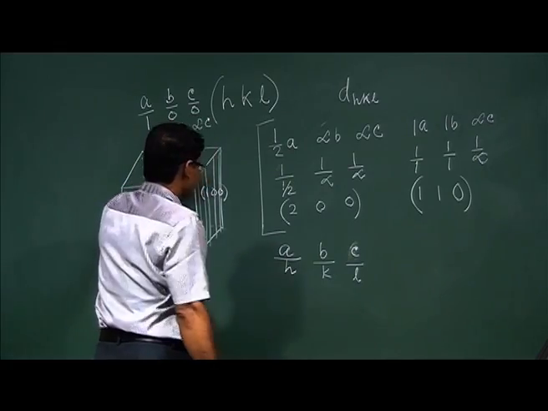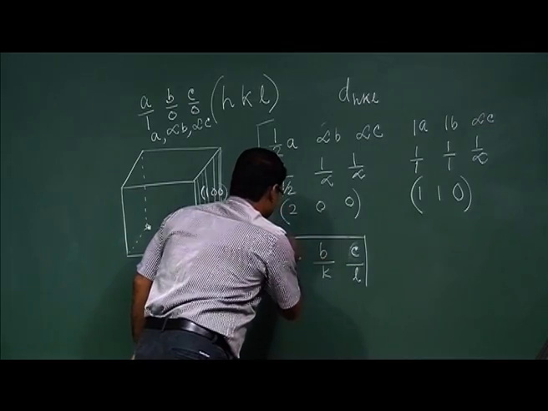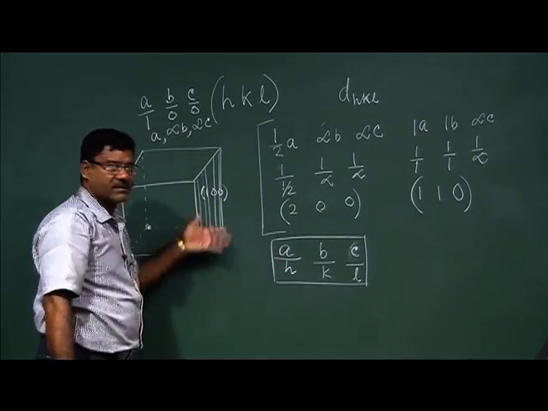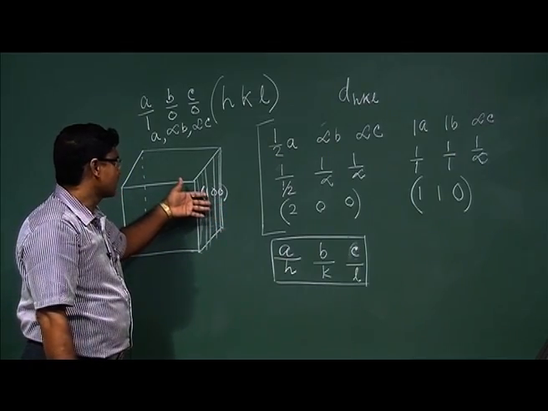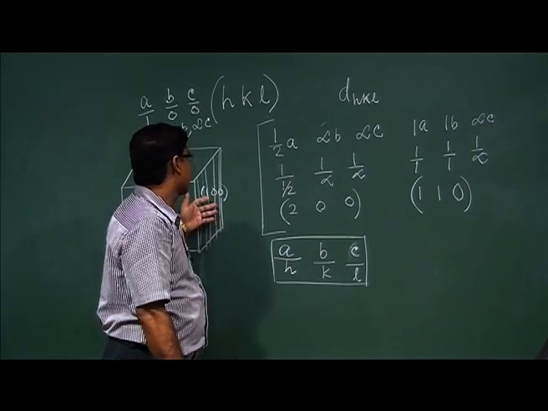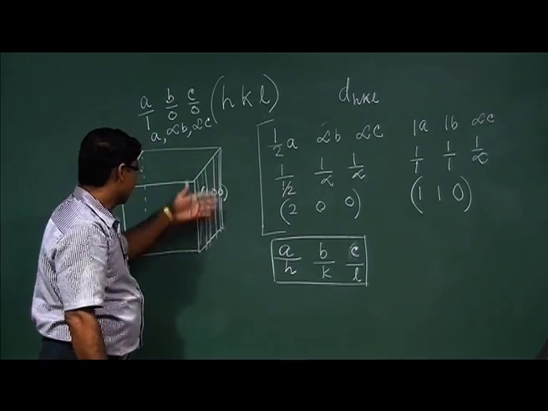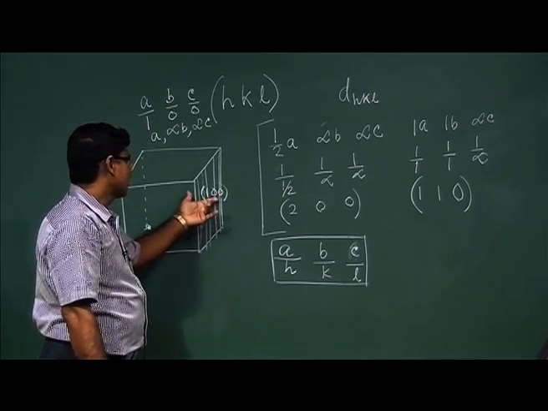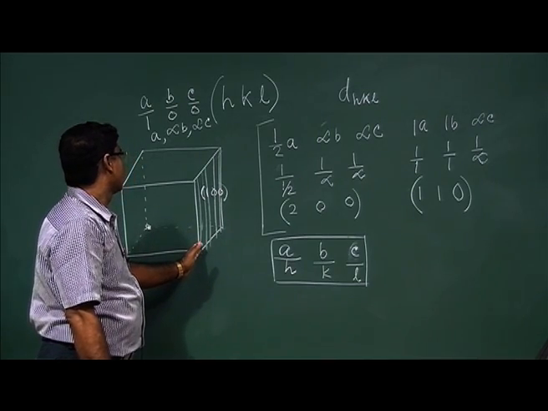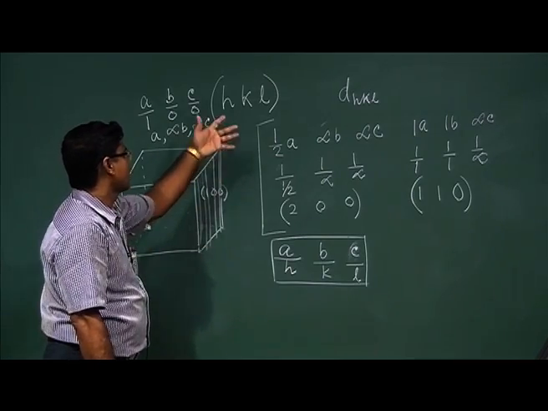So, this intersecting length on the axis is verified with our crystal planes, which we found from the procedure of Miller indices. When we found the Miller indices for this plane, we considered that it intersects at A, infinity B, infinity C. From there we found the Miller indices.